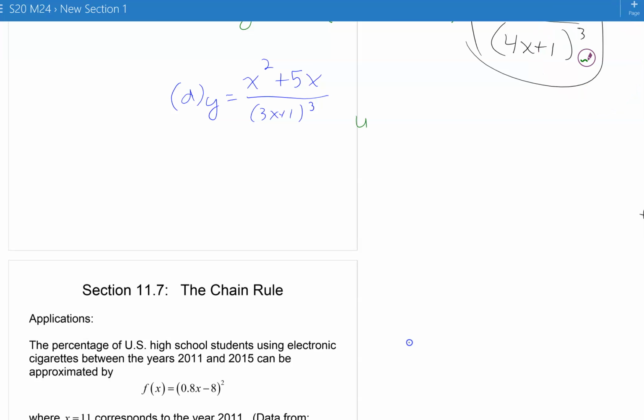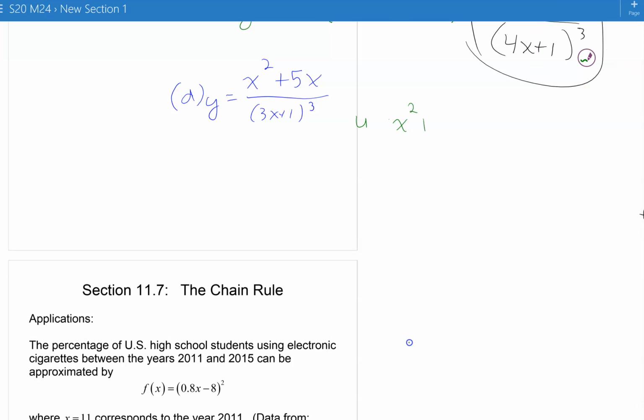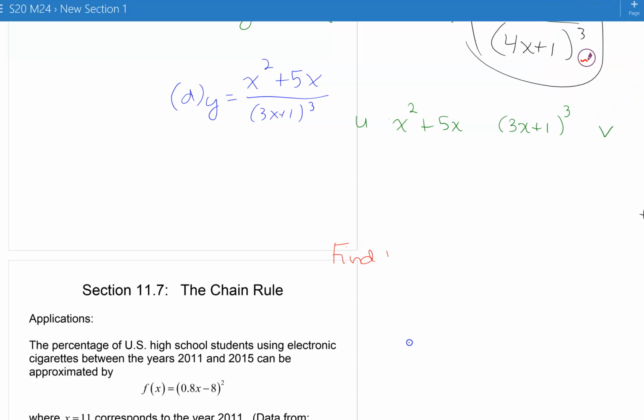So we have u, the upper function, is x squared plus 5x. And v, the bottom function, is 3x plus 1 cubed. So you need to recognize that the v function needs a chain rule to find its derivative. So let's go here to another area to find v prime.